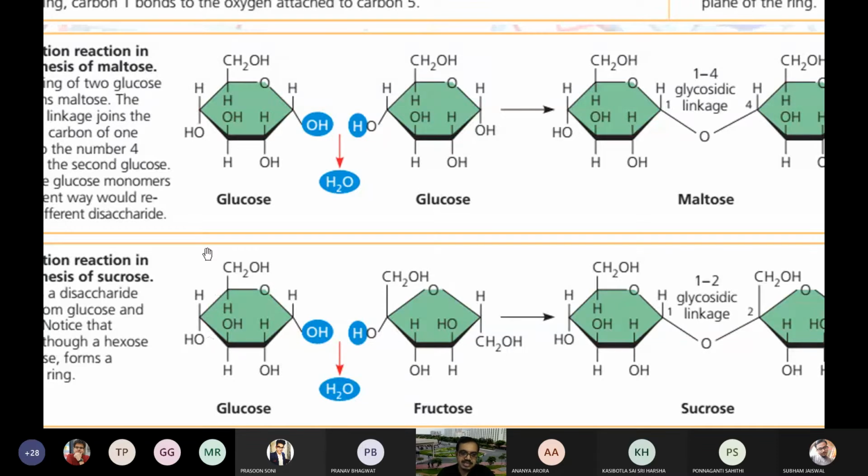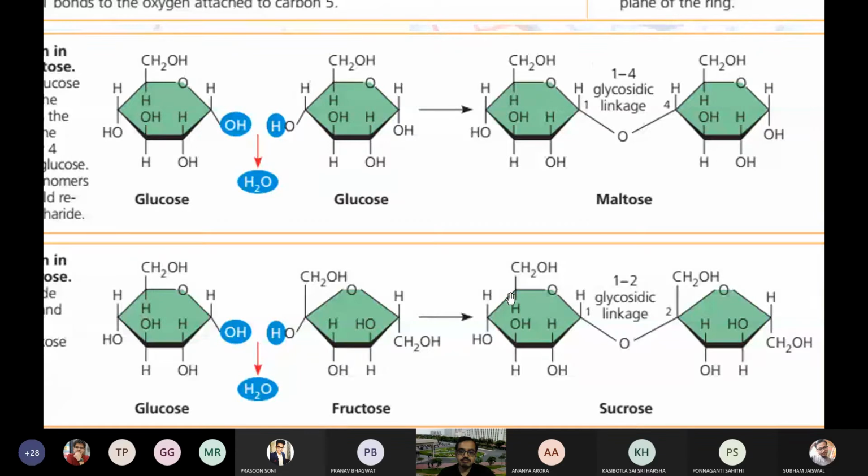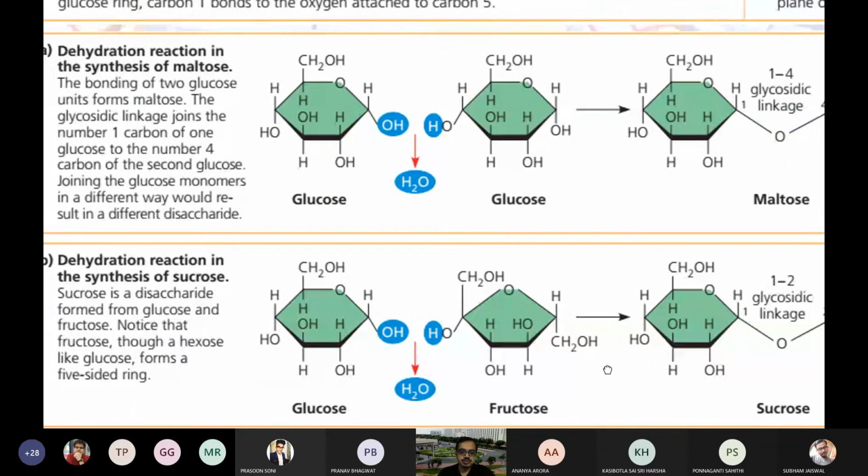This is a 6-membered ring, and this will have a 5-membered ring. This is how fructose forms. So in sucrose, you actually have a glucose 6-membered ring attached to a 5-membered ring, that is fructose.